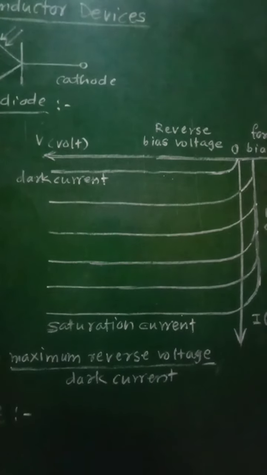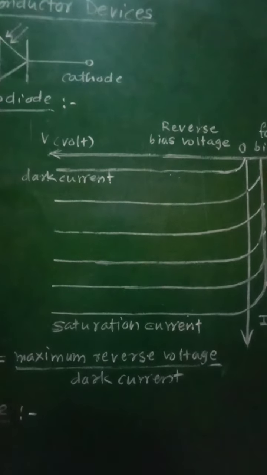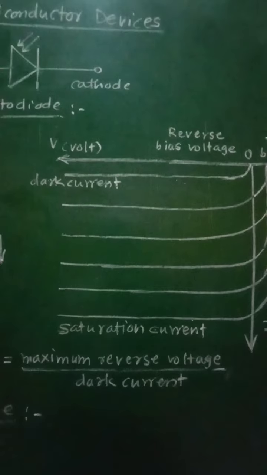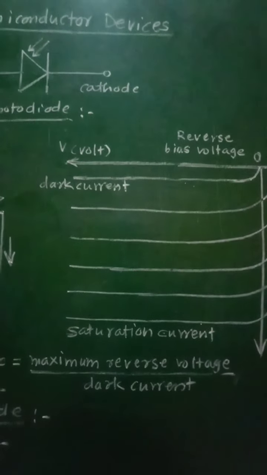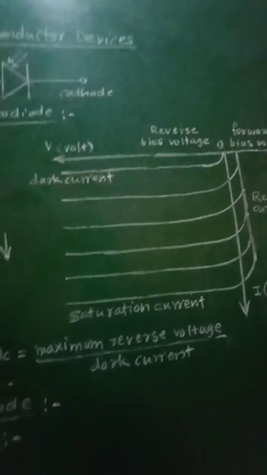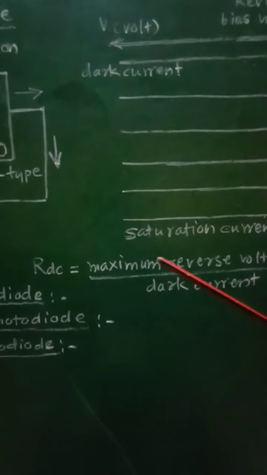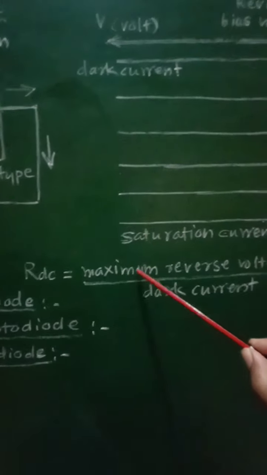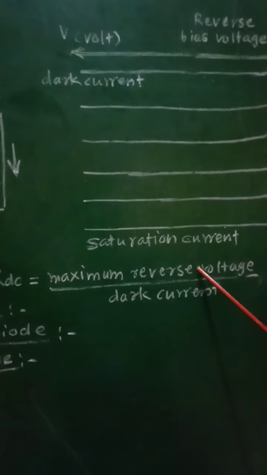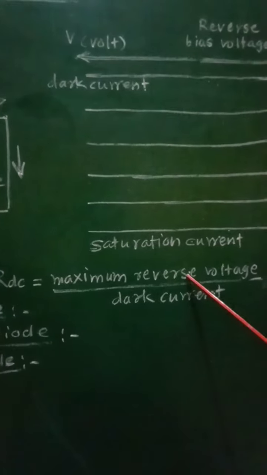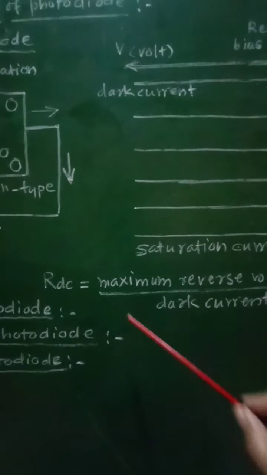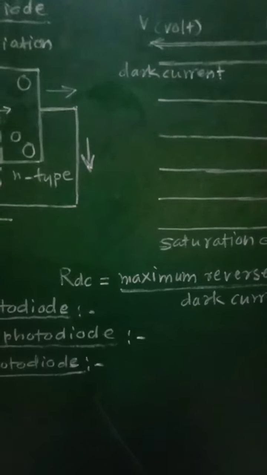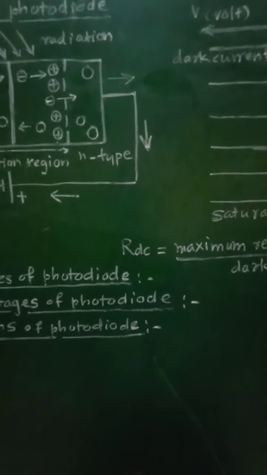The ratio of maximum reverse voltage to its dark current is called the dark resistance RD, which is given as RD equal to maximum reverse voltage divided by dark current, that will be RDC, that is the dark resistance.